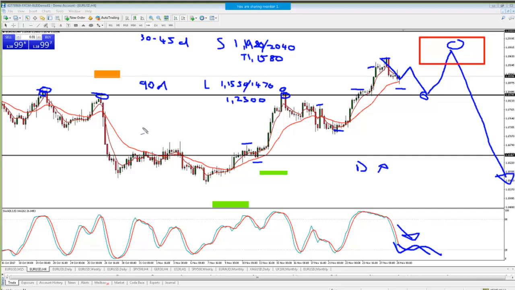Okay, and then the 6-month plan is short from 123 to 124, looking for something around 110, with a target of 110.